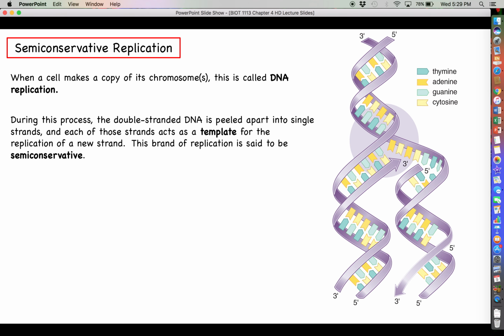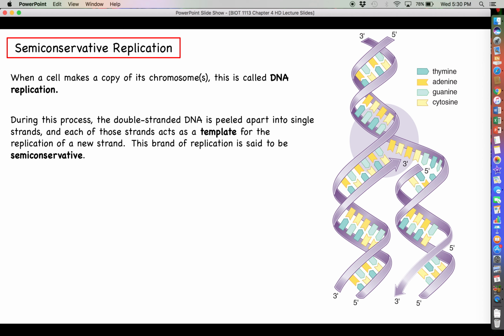During this process, the double-stranded DNA is going to be peeled apart. We take those two strands and peel them apart from each other so that we now have single strands. Each one of those strands is going to act as a template for the replication of a new strand. And this is where Chargaff's rules really become important. The reason a single strand of DNA can act as a template for building a new strand is because of those rules.